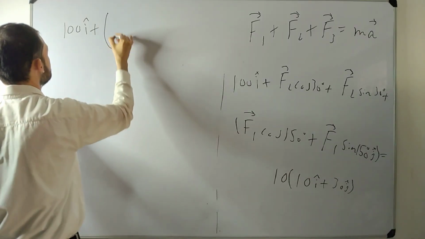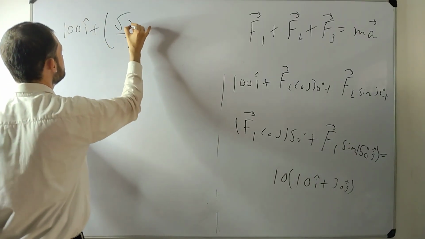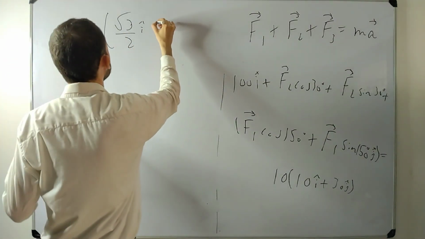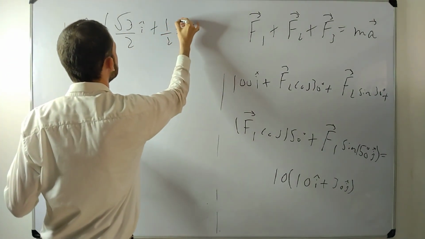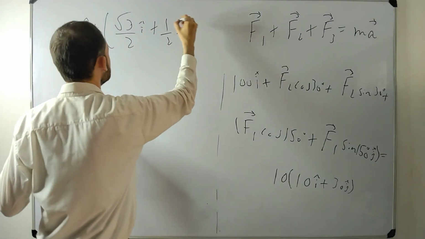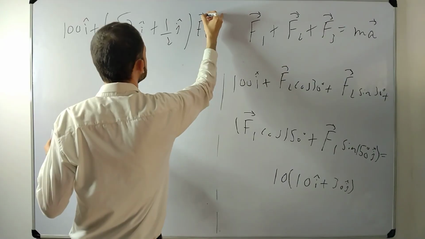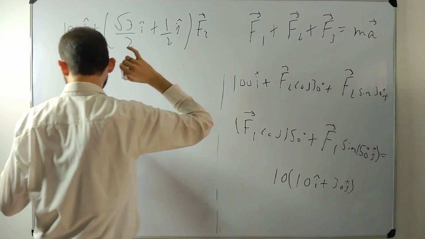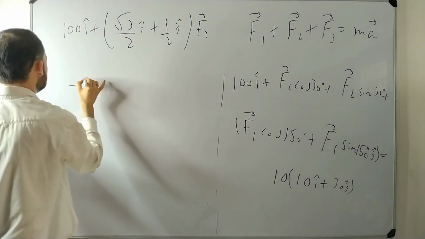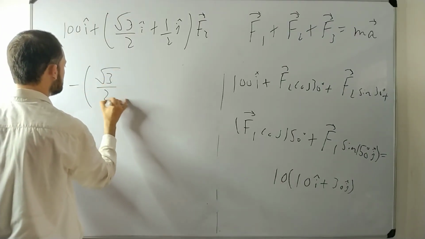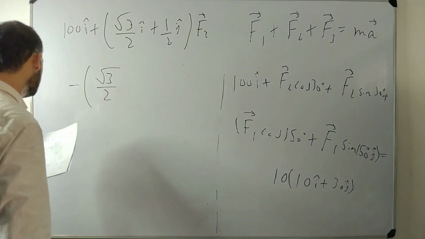Now, students, root 3 by 2 I cap plus 1 by 2 J cap is F2, so we need to be careful with the value and not forget to visit the physics wonderful palace.